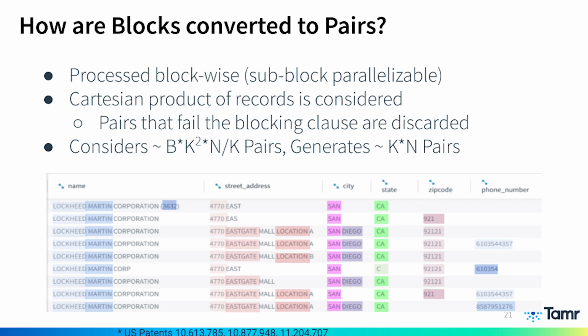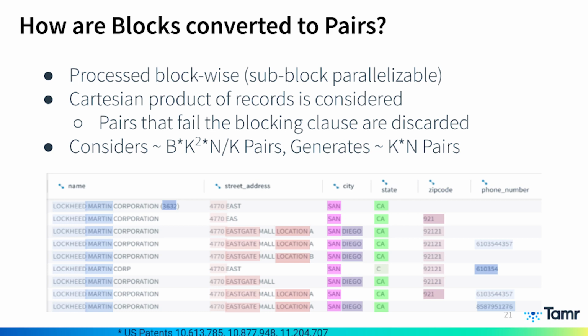For example, numeric blocking, we have 2 tau. Blocks are width 2 tau, but the threshold is only 1 tau. So we're going to filter out any pairs that don't strictly meet the blocking terms, the terms in the blocking clause.